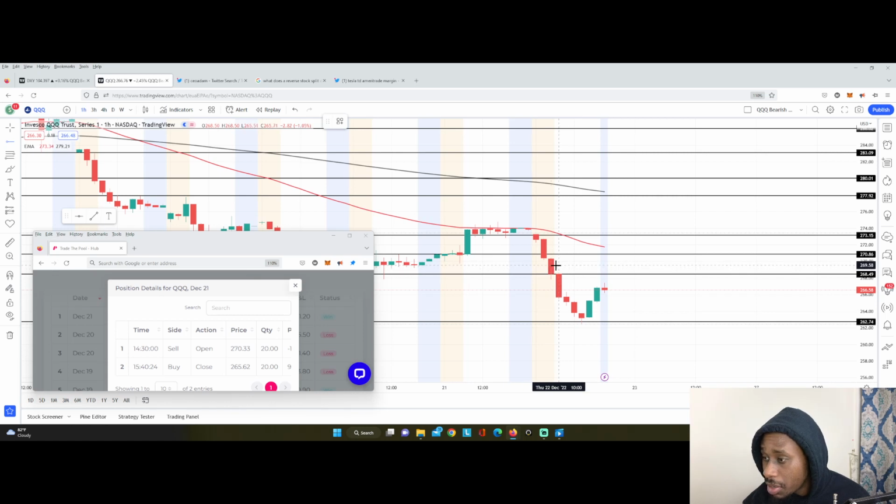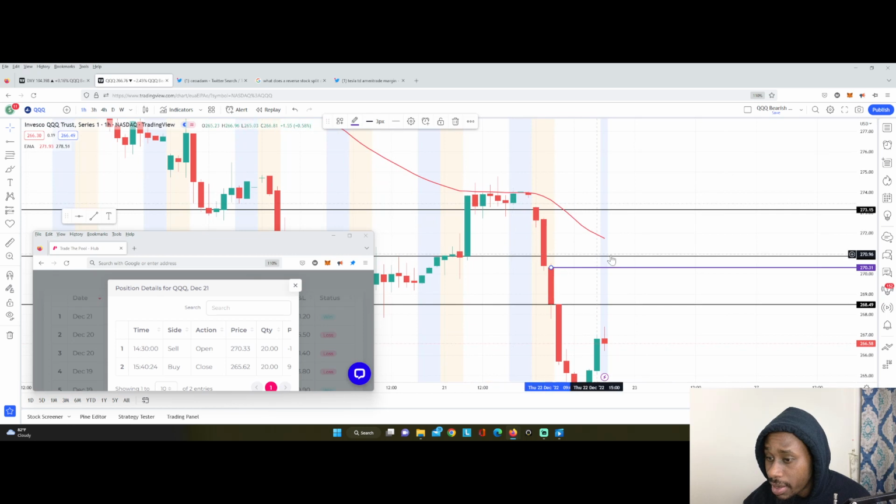So I got actually a great fill there, because I placed this trade before market open, but I put it as a market order because I knew already what direction I planned to go, and I had my stop loss set already. I would have to pull up my phone to see the exact stop loss, but I'll tell you in a second.